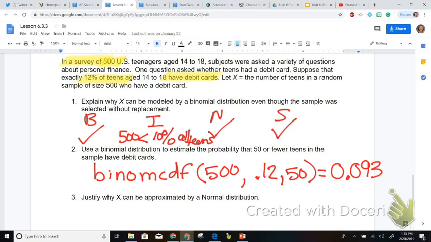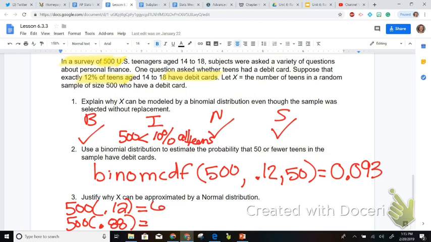Now, let's see, first of all, whether or not I can use a normal distribution and then how that works out if it does. So, if I am guaranteed to have at least 10 successes and at least 10 failures, that means that I can use the normal distribution to approximate my solution. So the probability of success is 12%.